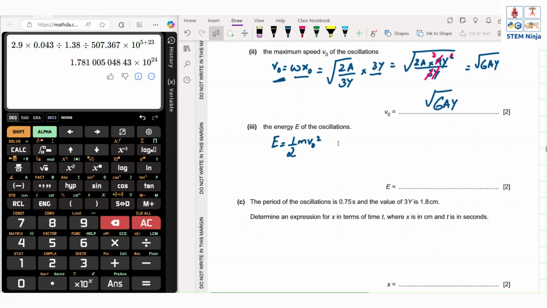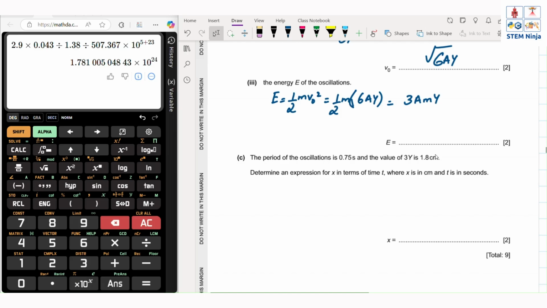Okay, so half m times 6ay, because the square of that is that. So 3amy. The period of the oscillations is 0.75 seconds, and the value of 3y is 1.8 centimeters.